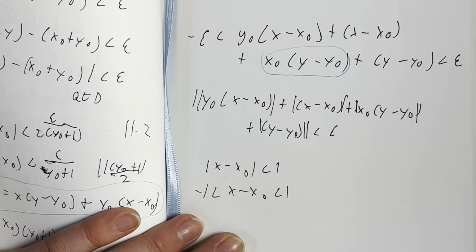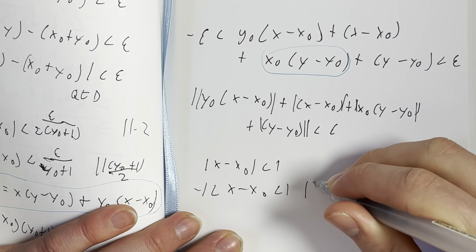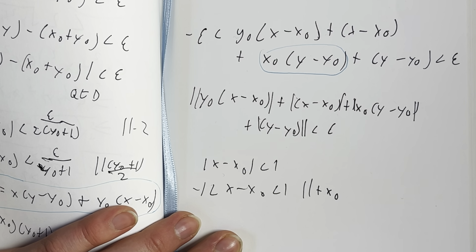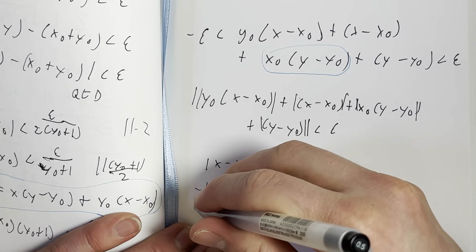Sorry, this is so confusing right now. I'm doing a bad job explaining this because I'm not understanding this well enough myself either. Let's try adding x0 to both sides.